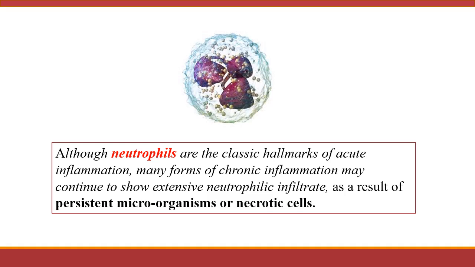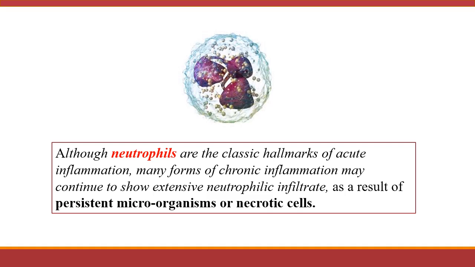And this will happen especially if we have persistent microorganisms, especially powerful bacteria, or necrotic cells, because the neutrophils are also needed for their proteolytic and phagocytic activity. So sometimes in chronic inflammation we will see a neutrophilic infiltrate, and this will be called active inflammation. So activity in chronic inflammation is represented by the presence of neutrophils.